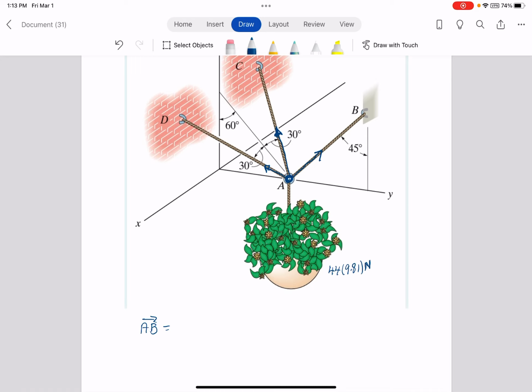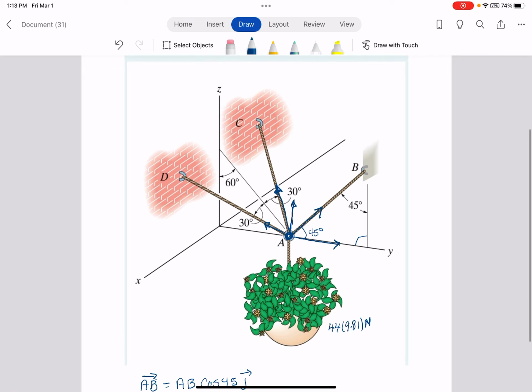You can see here if this is 45, this is going to be 90, and this is going to be 45. One of them is going to be in the positive y, and that's going to be AB cosine 45 in the y, j. And the other one is going to be in the positive z.